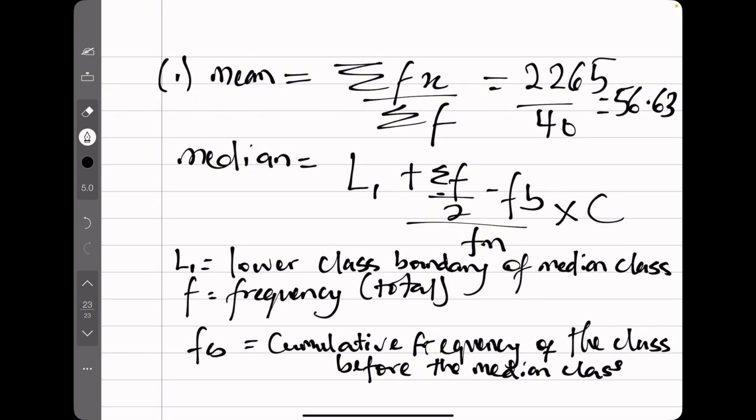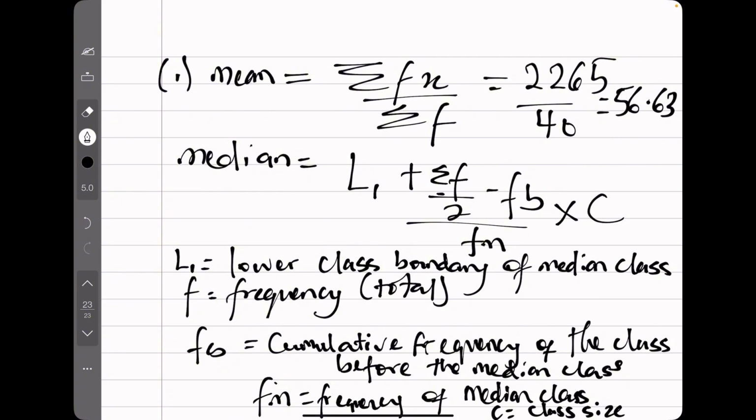So FB is the cumulative frequency before the median class, and FM is the frequency of the median class. And C, before I forget, is the class size we calculated the other time, the one that we got as 5.